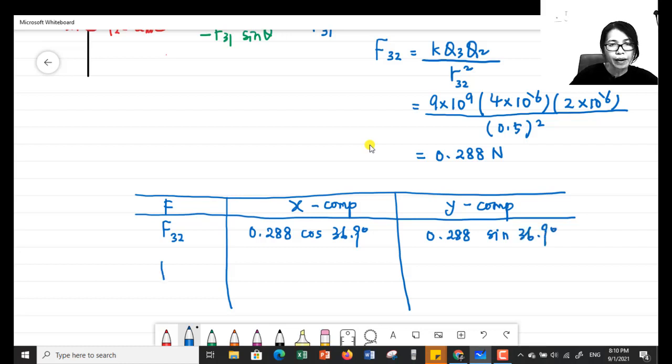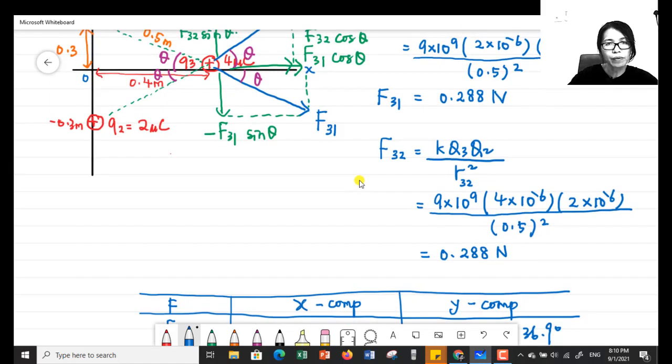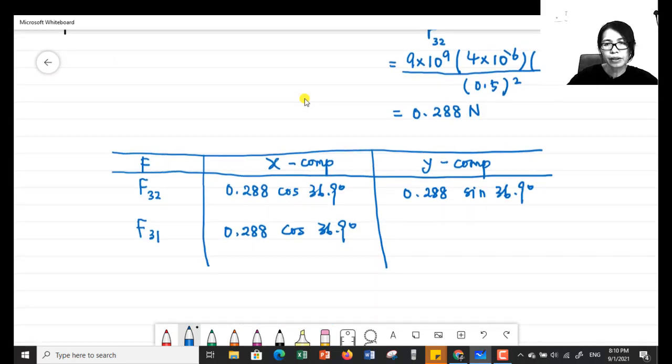Then we have F31. So F31 we have 0.288 cos 36.9 degrees. Then for the component Y, if you notice, component Y for F31 will be pointing downwards, so we have to consider the direction. So it will be negative 0.288 sin 36.9 degrees.